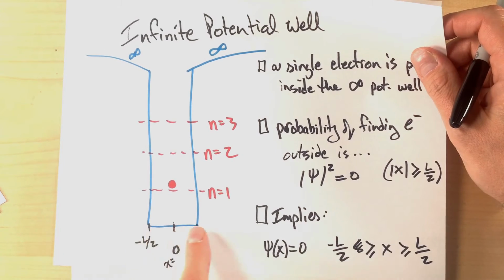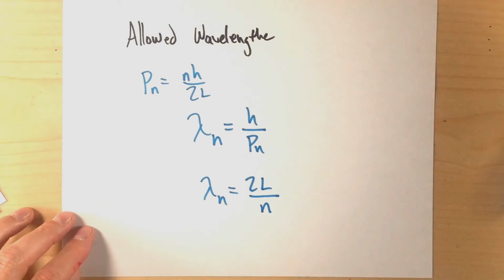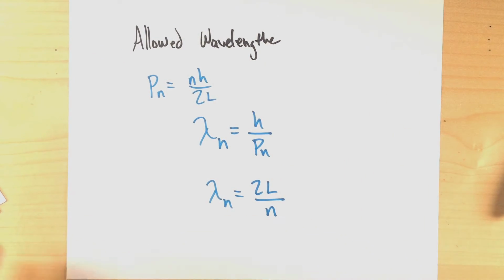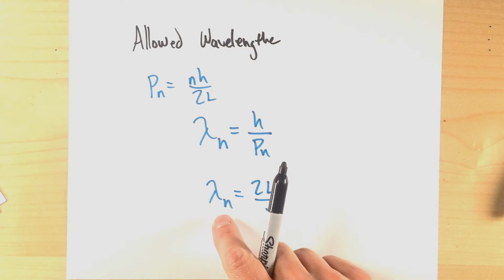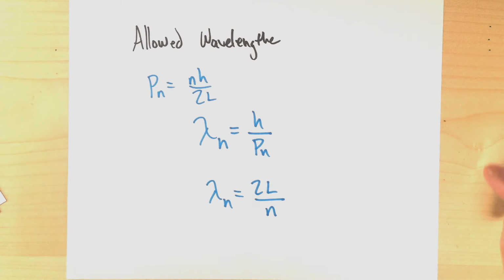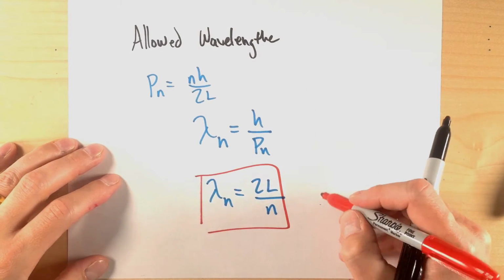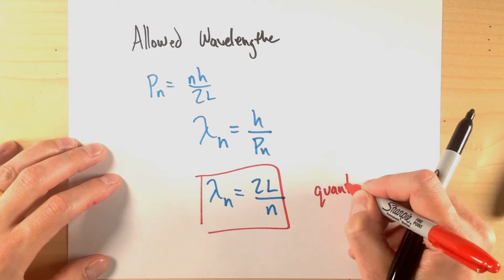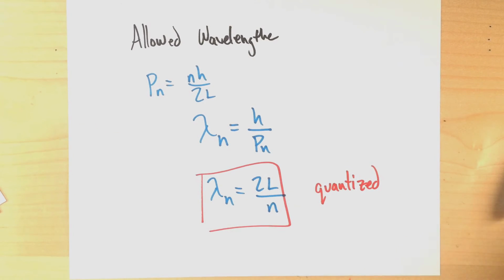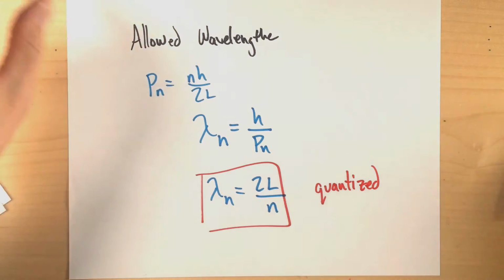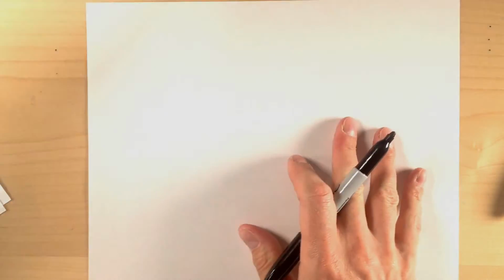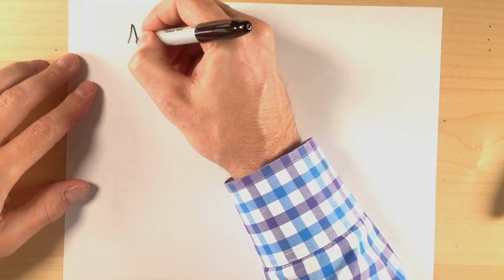And remember that this well width is the dimension L. And I hope you remember back to our string illustration and analogy that in fact the wavelengths of those allowed standing waves were exactly this expression. So these are quantized. Right? All right, so the momenta are quantized, the wavelengths are quantized, and then finally the energy levels are quantized.